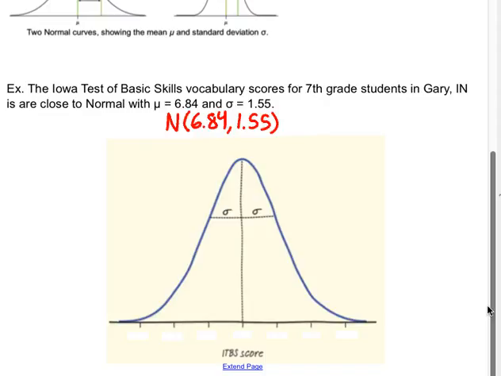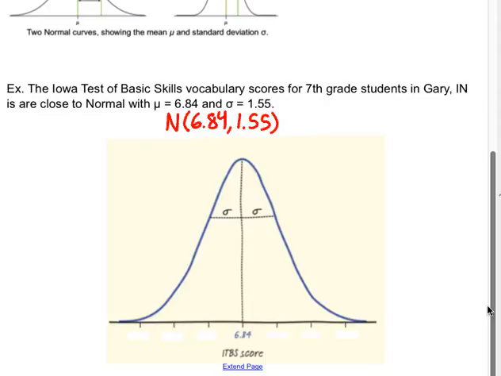And again, what you want to do is start just by drawing a bell-shaped curve, okay, if you're being asked to describe this. And then in the center, you're going to put that 6.84, okay? You always start with the mean.